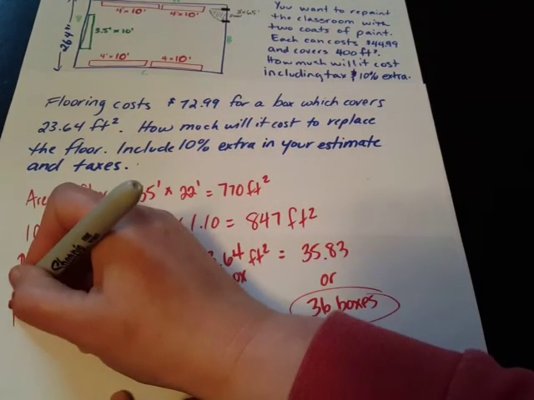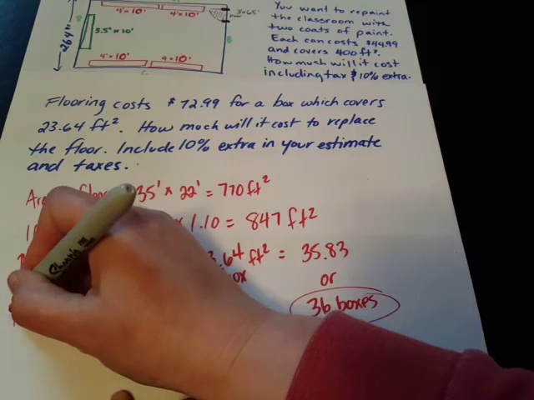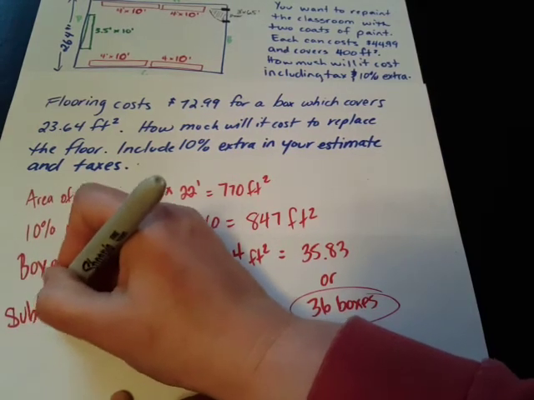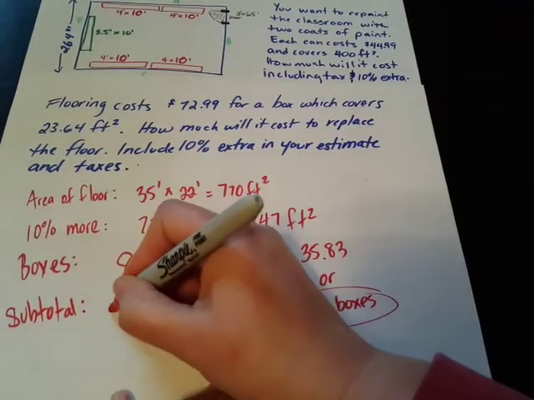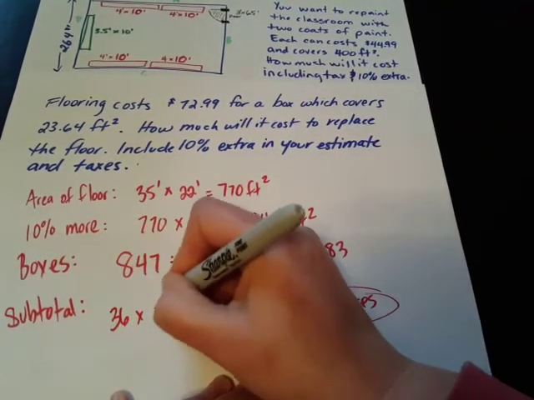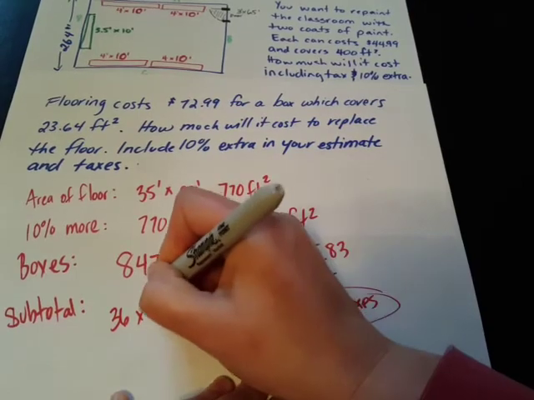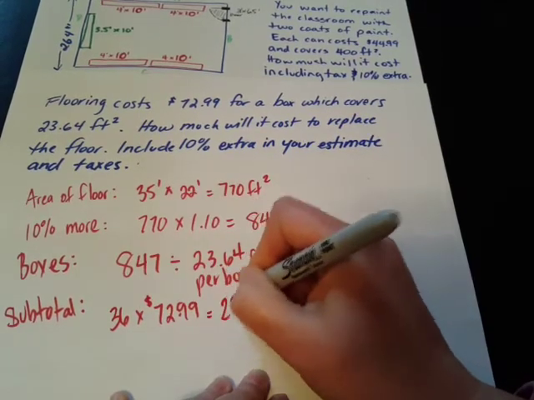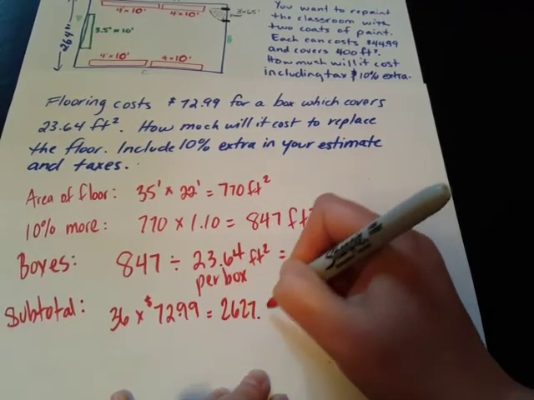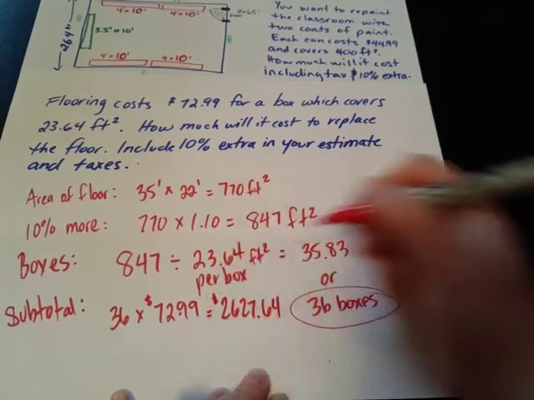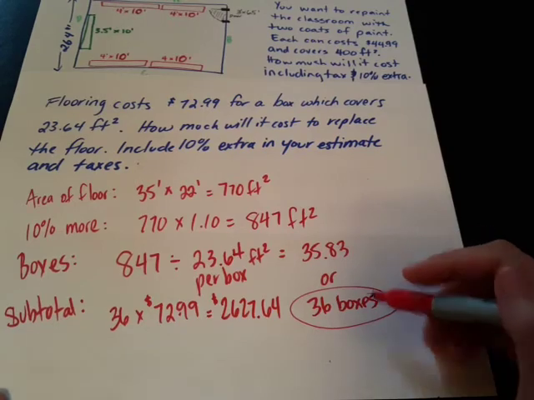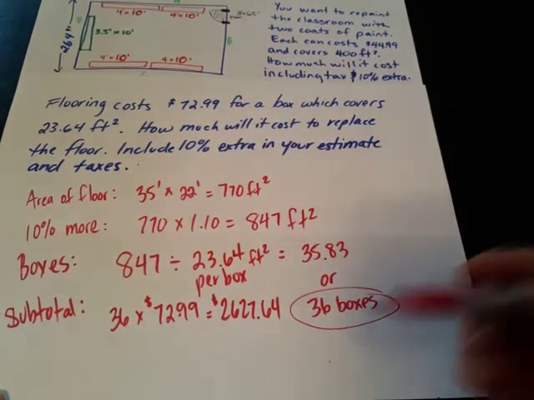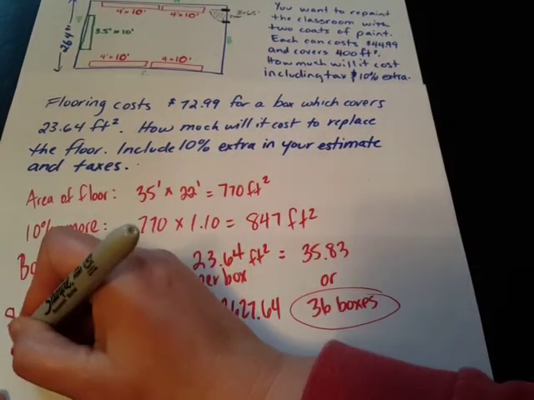And so we'll get a subtotal then of 36 times $72.99. And finally, calculate our after-tax price, because again, it's asking for tax. Sometimes it doesn't.